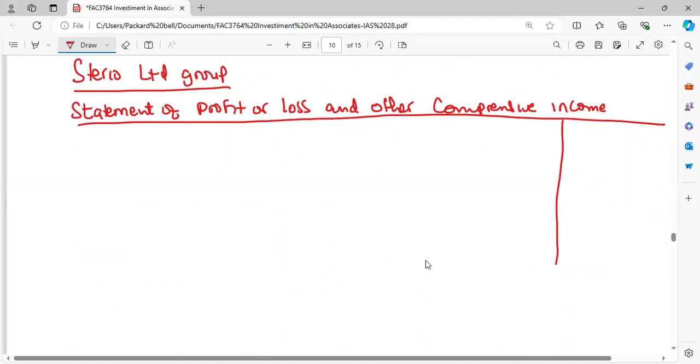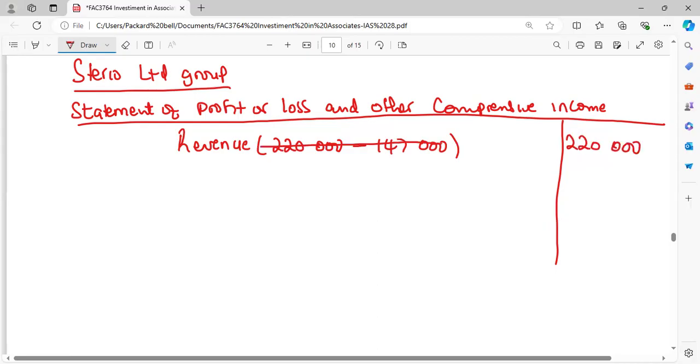So we are going to have a revenue which is 220. Let me put it, you see now, it's going to be revenue 220,000, then cost of sale, it's 147,000. Then our gross profit is going to be how much there?